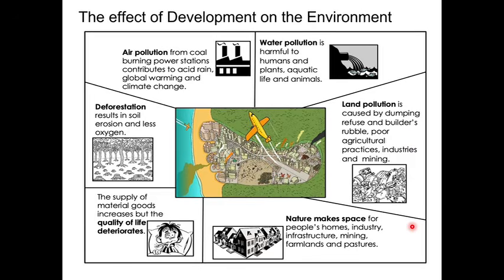And then what's happening now is that nature makes space for people's homes, industries, infrastructure, mining, farmlands, and so forth. You must know that initially we had lots of woodlands, greenery. But then we came, and we needed industry. We needed buildings.